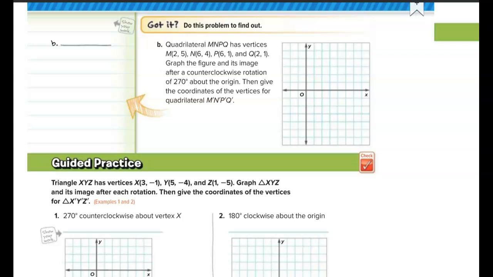It says to graph the original, so let's go ahead and graph the original. So 2, 5, 6, 4, 6, 1, and 2, 1.